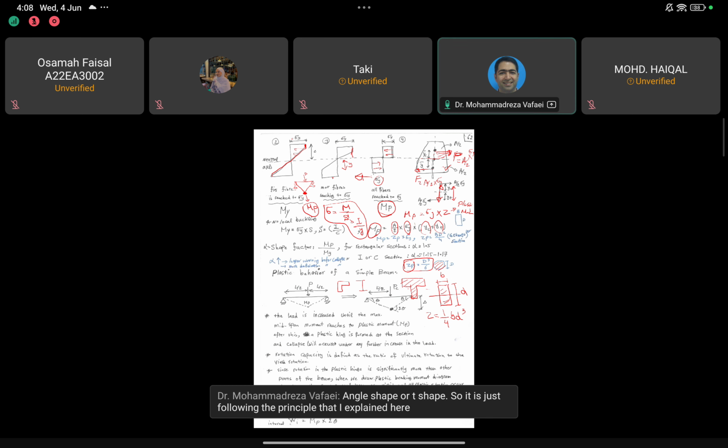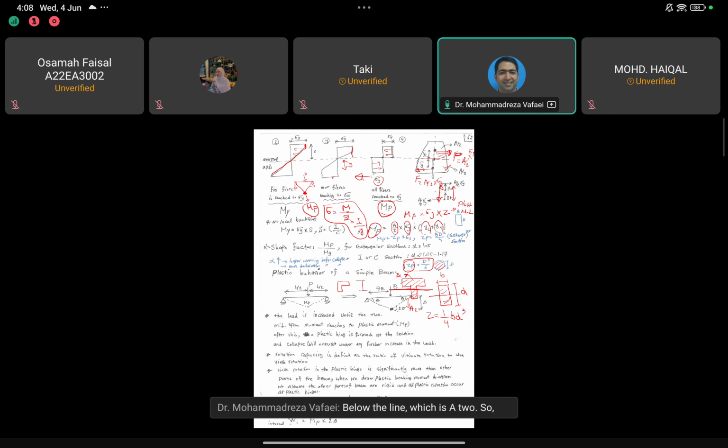That means we need to find a line that divides this section into two such that the area above the line, which is A1, equals the area below the line, which is A2. So this one you can very easily calculate.